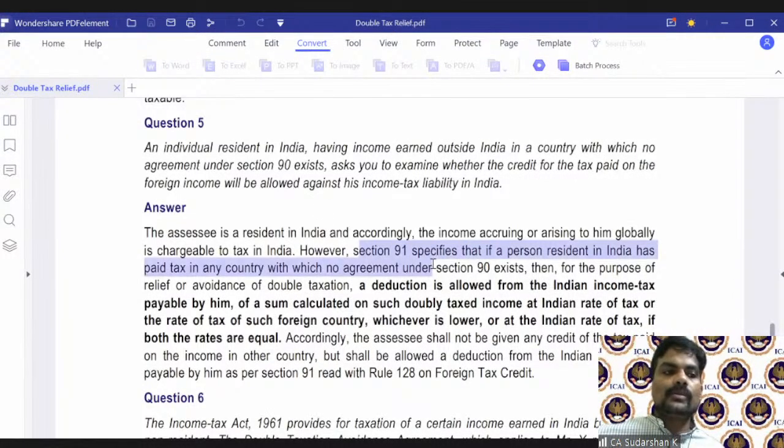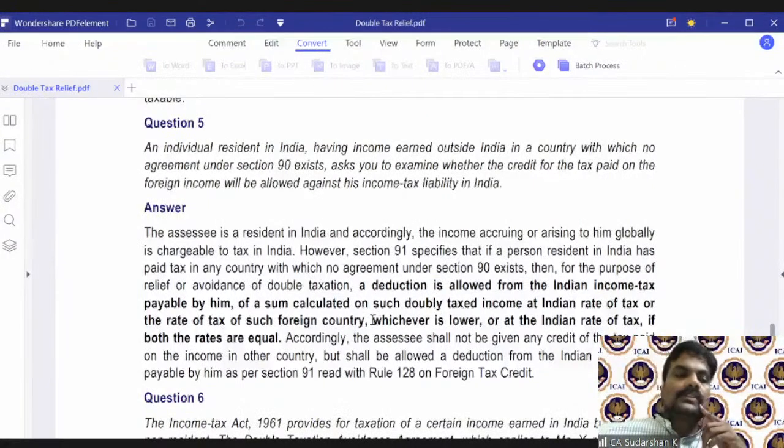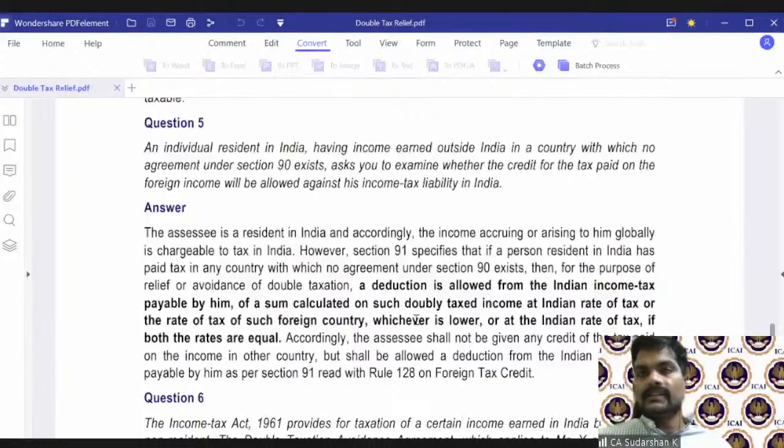Section 91 gives you a benefit, and the deduction is allowed from the Indian income tax payable on such doubly taxed income at the Indian rate of tax or rate of tax, whichever is lower. So we saw that. And 91 should be read with Rule 128 on foreign tax credit. The foreign tax credit rules basically say that you need to file Form 67 and you cannot claim interest, penalty, or fees as foreign tax. So this is what we had looked at.